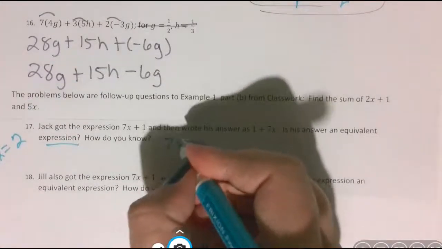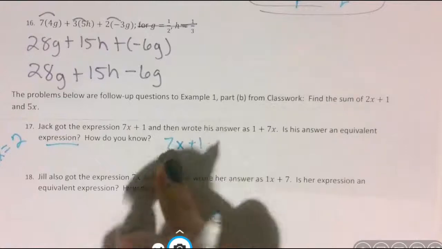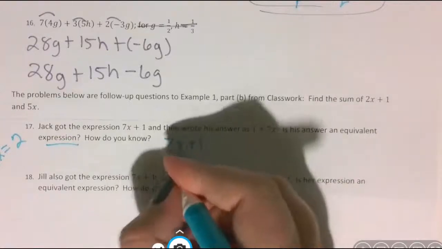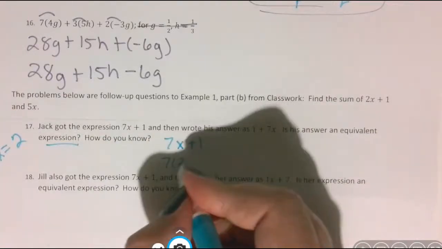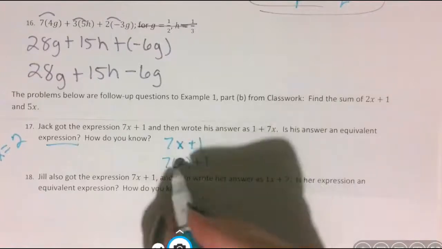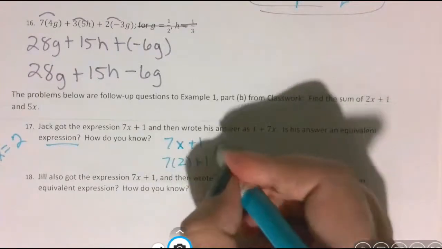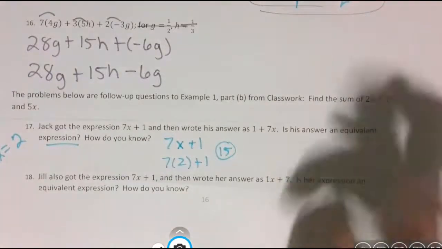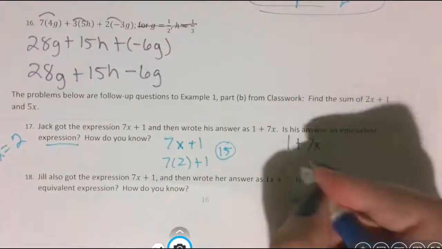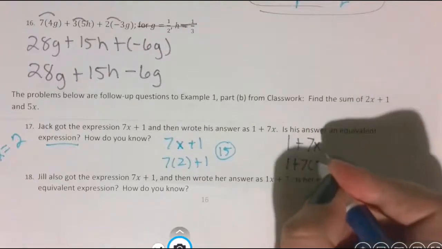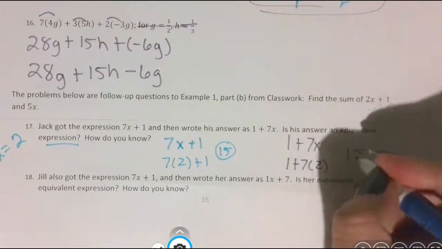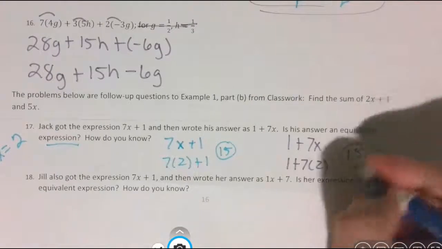If I substitute 2 in place of x and work that out, 14 plus 1 is 15. Then I do the same substitution using the same value for x, and I would get 1 plus 14, which is 15.